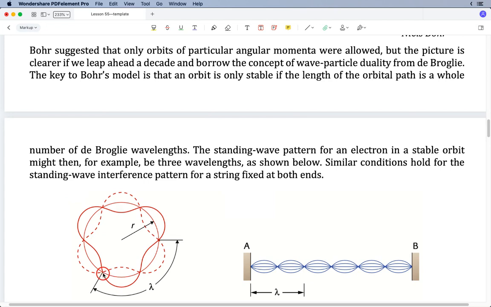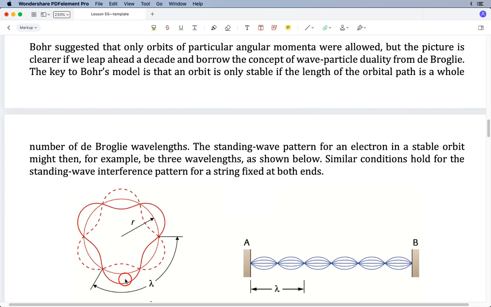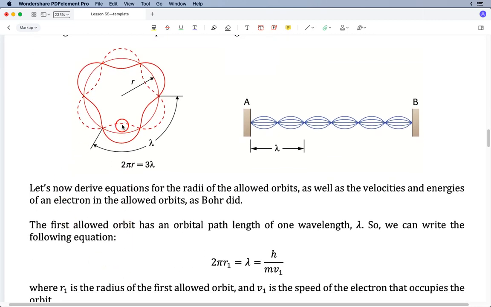Bohr's model was based on the idea, basically, that an orbit is only stable if the length of the orbit is a whole number of de Broglie wavelengths. In our first image, we can see an example of such an orbit.